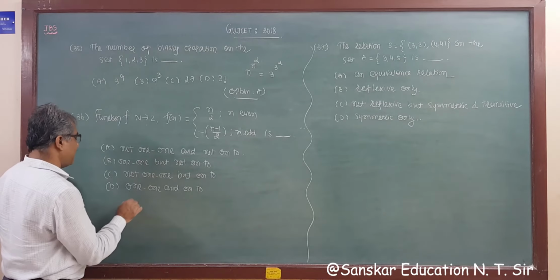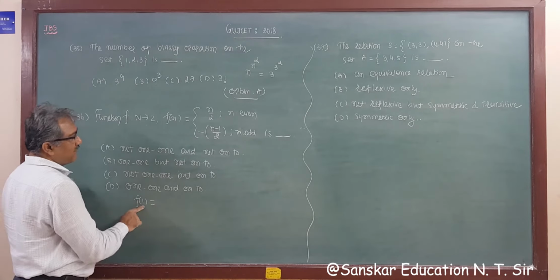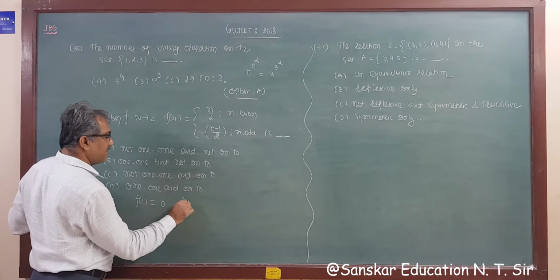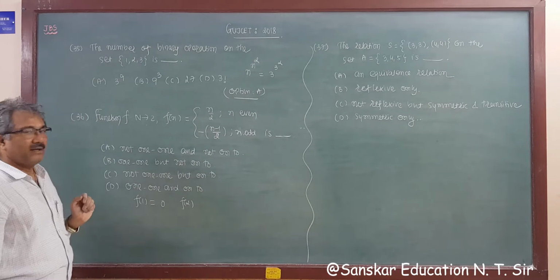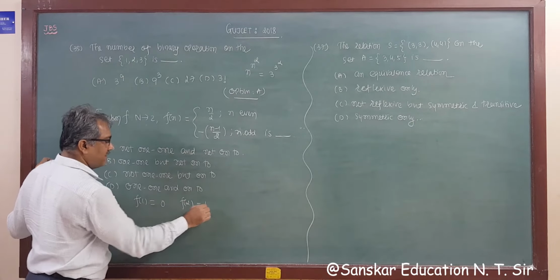If we substitute n equal to 1, we get f(1). 1 is an odd number, so 1 minus 1 is 0. If we substitute n equal to 2, 2 is even, so 2 by 2 is 1.